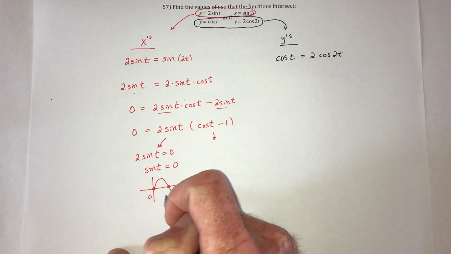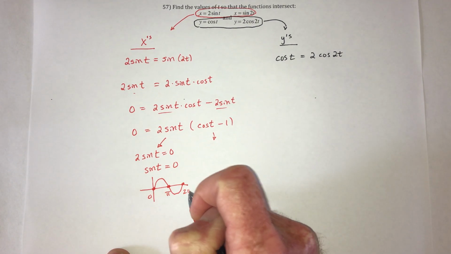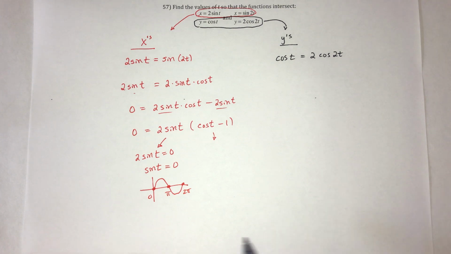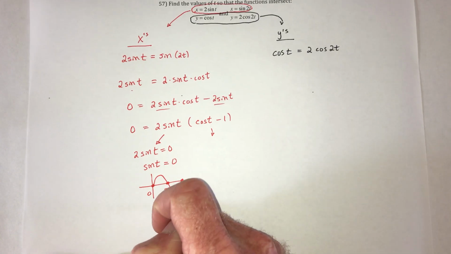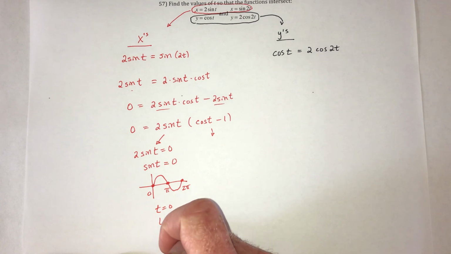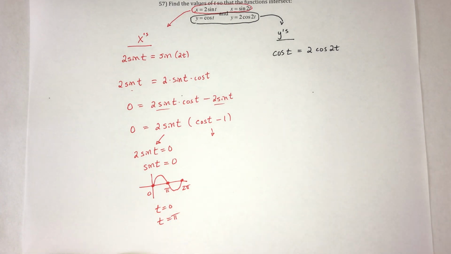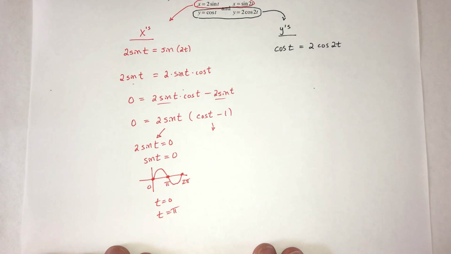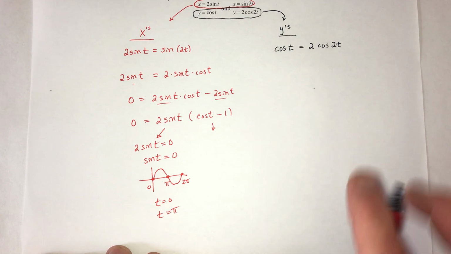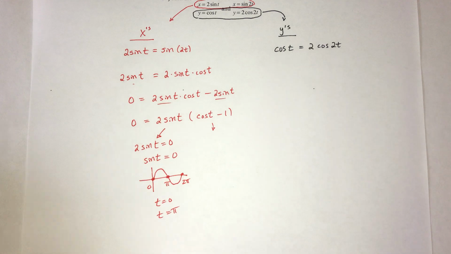So this would be 0 and pi and 2 pi. But 0 and 2 pi really give you the same place in space, so you don't really need both of them. So we get t equals 0, t equals pi. All right. Now, before I go into that one, I'm going to take a little break and look at the graph.